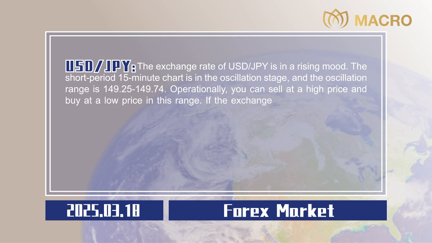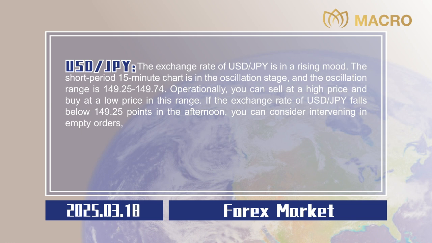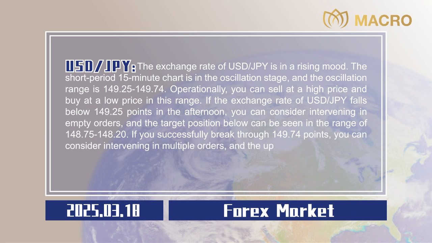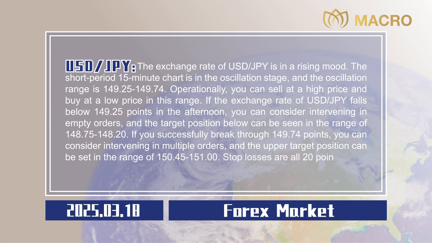If the exchange rate of US dollar to Japanese yen falls below 149.25 points in the afternoon, you can consider intervening in short orders, and the target position below can be seen in the range of 148.75 to 148.20. If it successfully breaks through 149.74 points, you can consider intervening in long orders, and the upper target position can be set in the range of 150.45 to 151.00. Stop losses are all 20 points, 0.20.